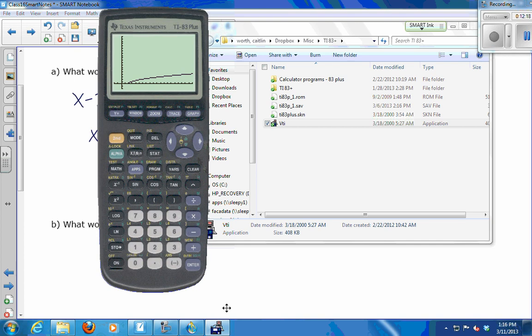All right, so that looks pretty good, although maybe I don't need to go quite so high for y max. Just go to, that's better.